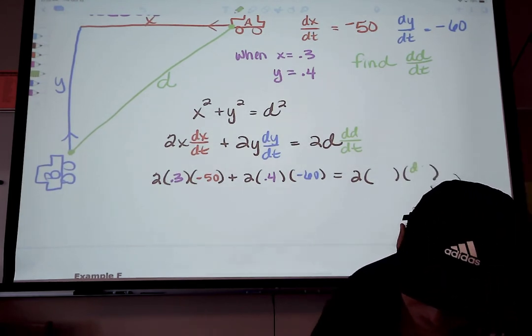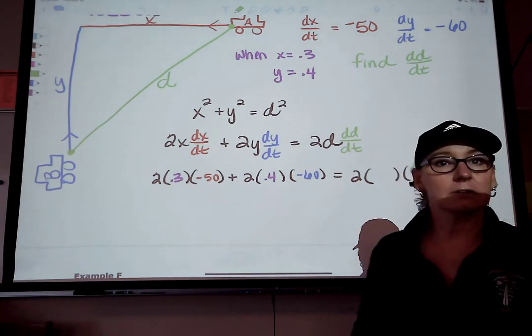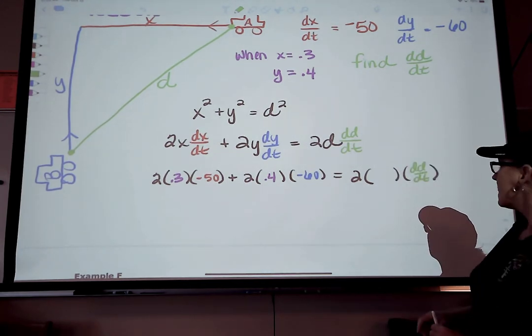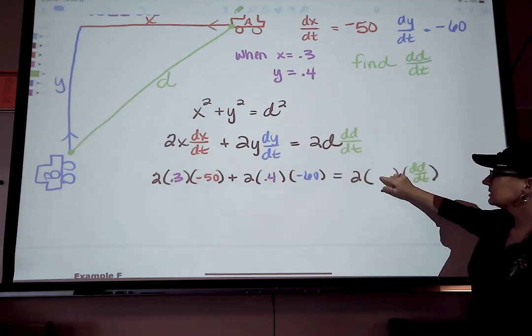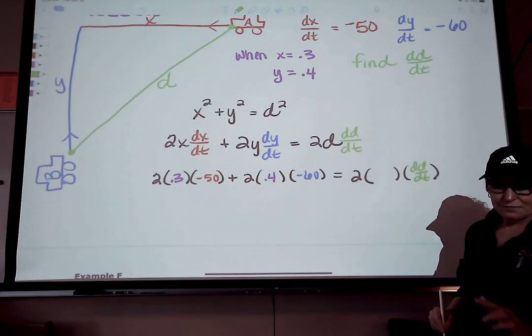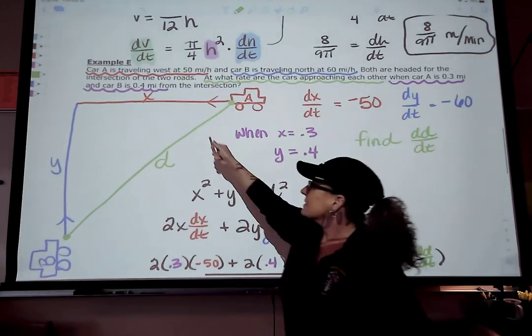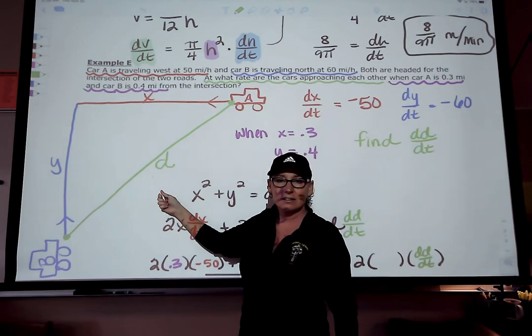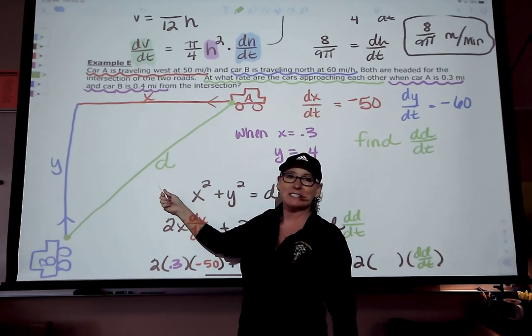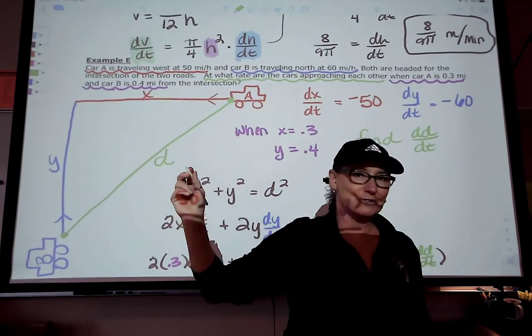This is what we're trying to find. So I got numbers everywhere except here. Oh, man. At the moment that this is 0.3 and this is 0.4, what was this? Well, they gave them to you as decimals, but it's okay. It's still a Pythagorean triple.